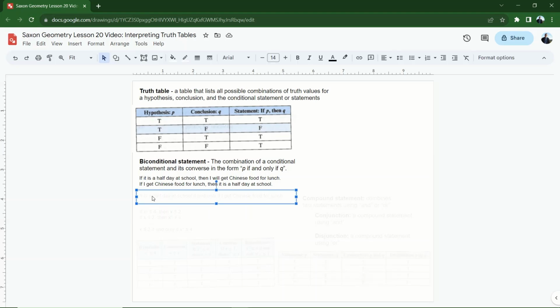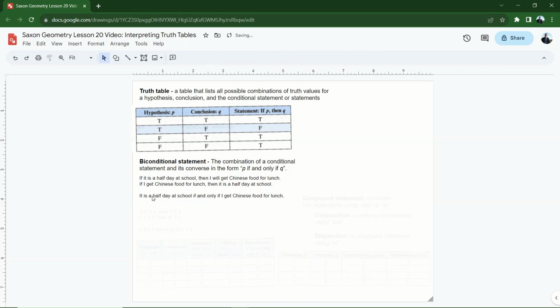Okay? Now, if I put these two together so that both of them have to be true, I could state them a different way. I could state my hypothesis, it is a half day of school. Then the phrase "if and only if." Notice we moved the "if" from before the statement to the middle of the statement.